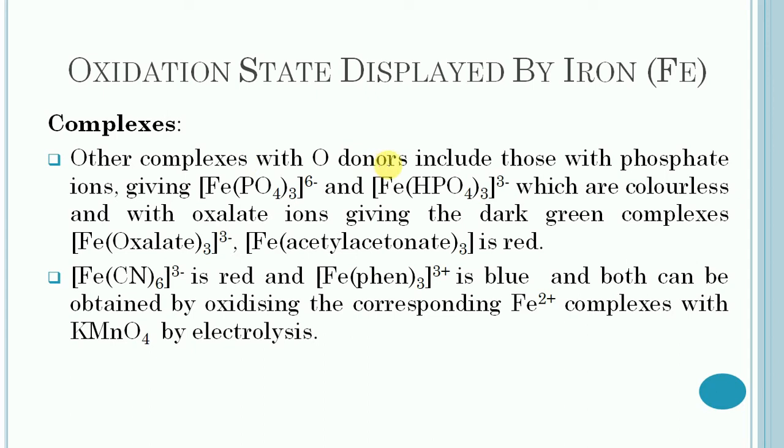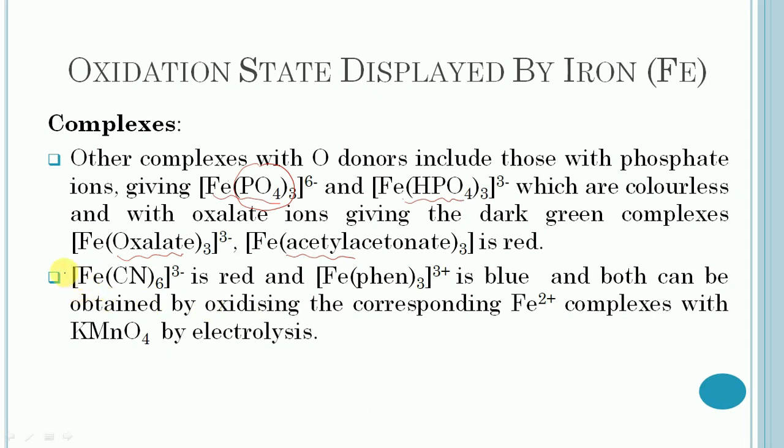Other complexes with oxygen donors include those with phosphate ion, giving this complex having 3 phosphate attached to the iron, which is colorless, and with oxalate ion giving the dark green complex with this formula having 3 oxalate ligands, and in this case 3 acetylacetonate ligands. It is red in coloration.